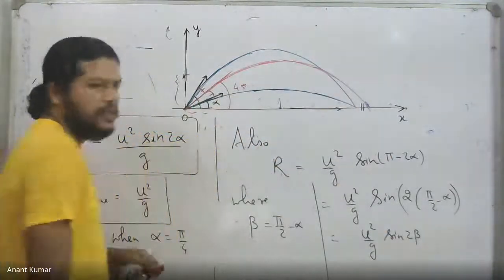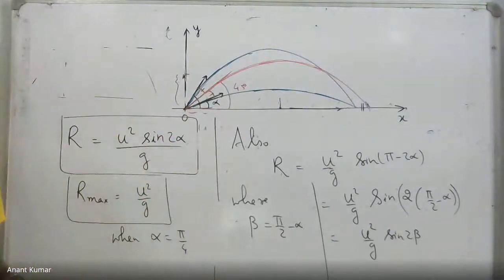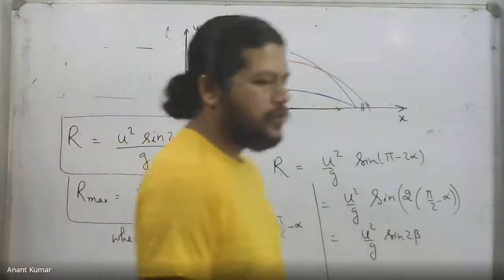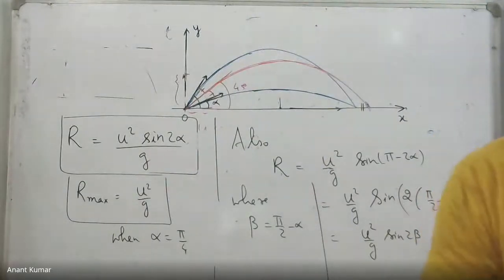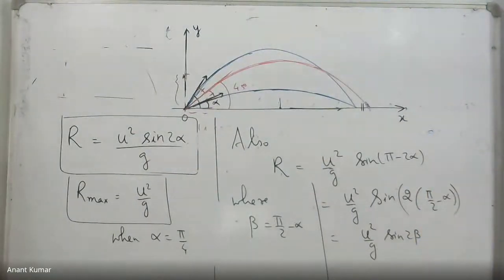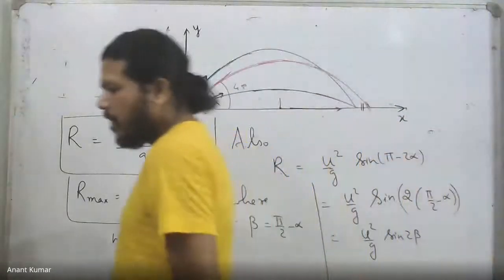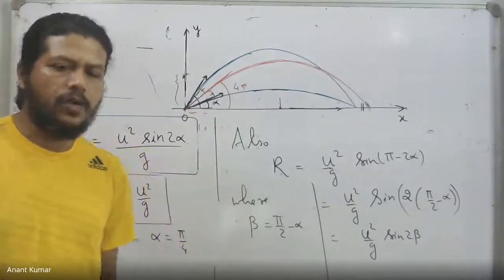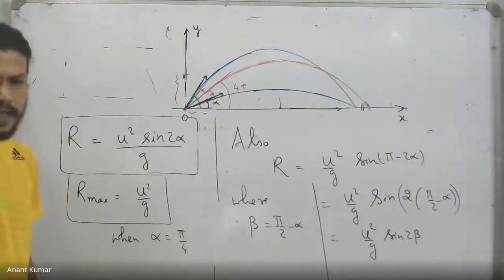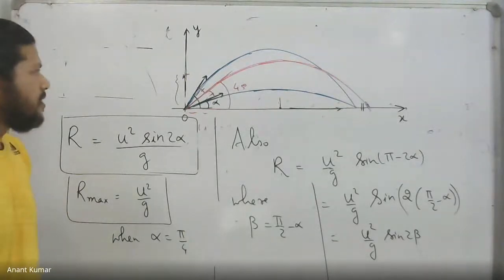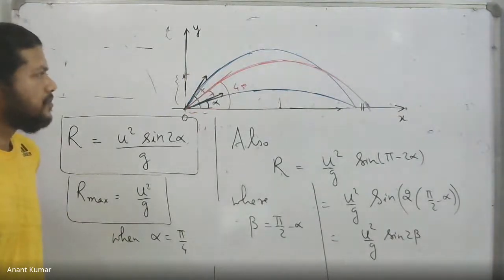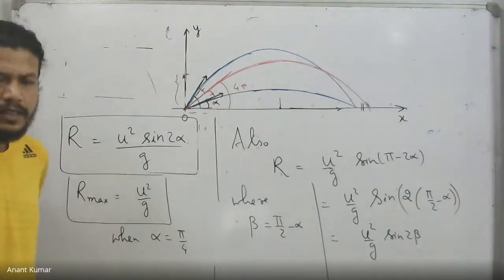The range is maximum at 45 degrees, but as long as we choose directions which are equally inclined with respect to the maximum range direction, the two ranges turn out to be the same. Ranges are going to be equal as long as those directions are equally inclined to the maximum range direction, which is nothing but 45 degrees. Then in that case, the ranges remain the same actually.